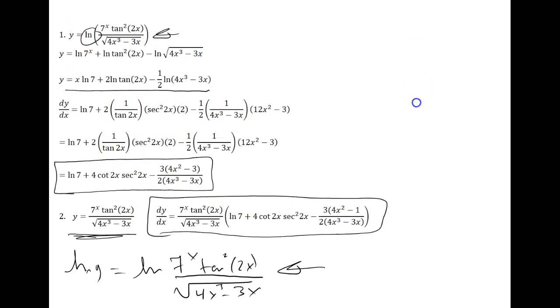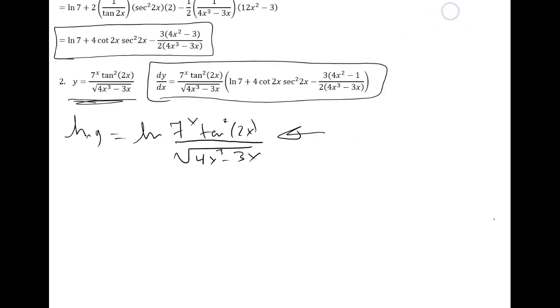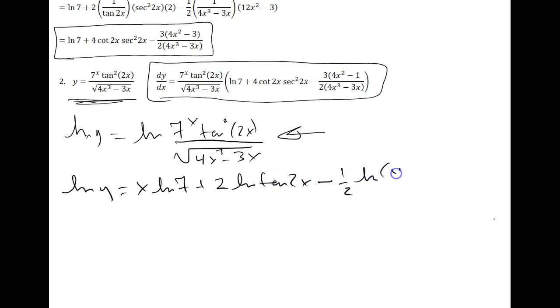So again, I'll just expand it here. So really, we have the natural log of y equals x times the natural log of 7 plus 2 times the natural log of tan 2x minus 1/2 the natural log of 4x cubed minus 3x.